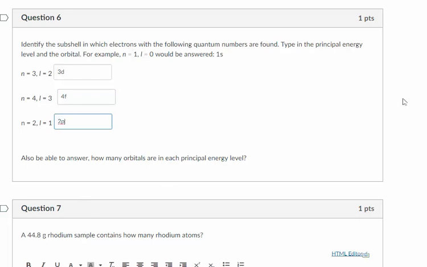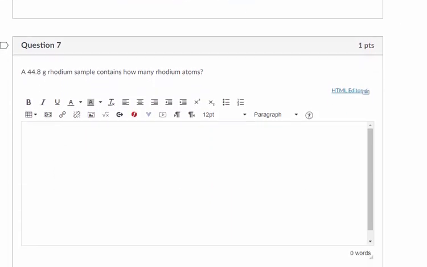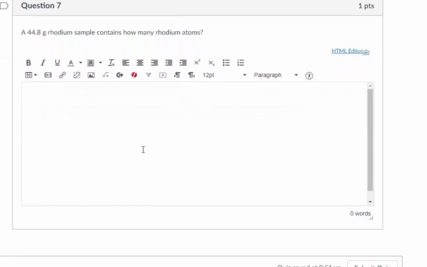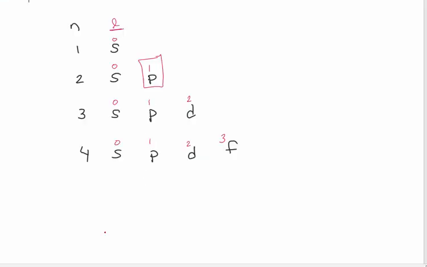And finally, number 7. These mole calculations are going to come back in just about every module because this is a very important concept. So I'm going to start with 44.8 grams of rhodium, and we're going to calculate how many atoms of rhodium we have. So I start here.